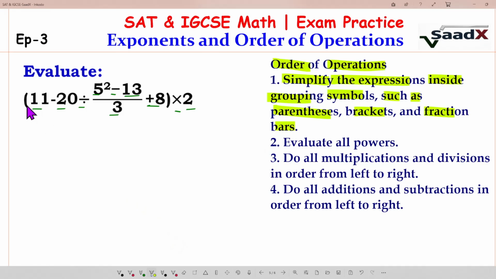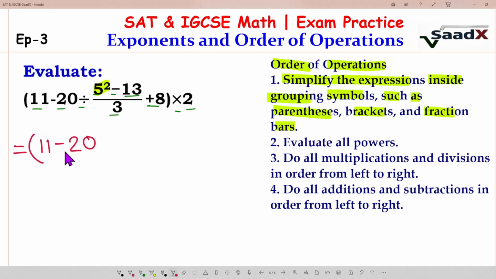So look, here there are big numbers inside the parentheses. So first we have to complete this exponent. First we can write 11 minus 20.